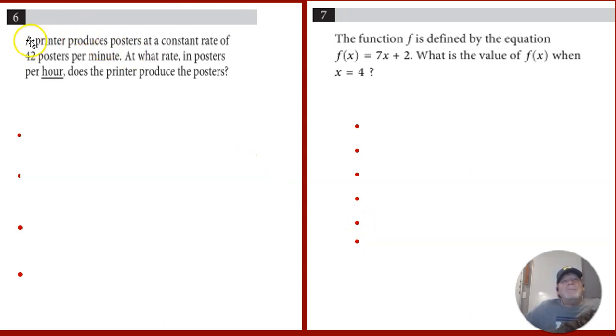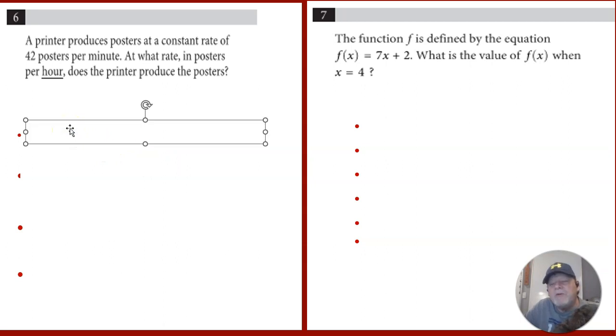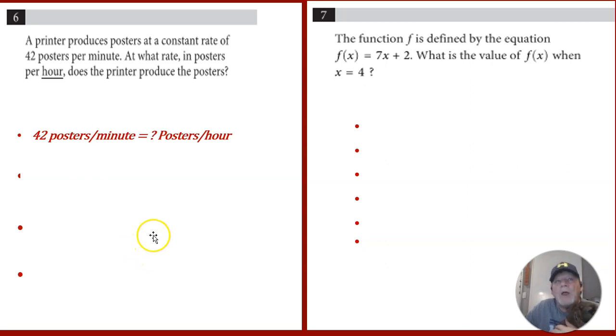The first problem: a printer produces posters at a constant rate of 42 posters per minute. At what rate in posters per hour does the printer produce the posters? This is called a conversion problem. And the way I teach conversion is you're always multiplying by 1.